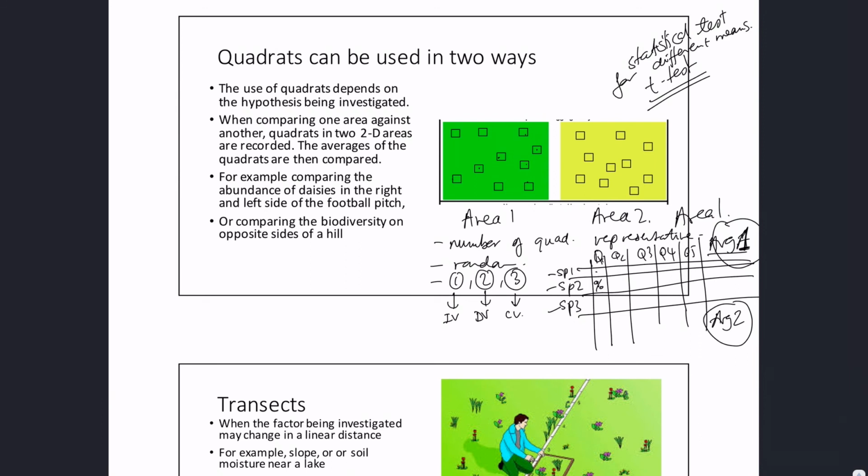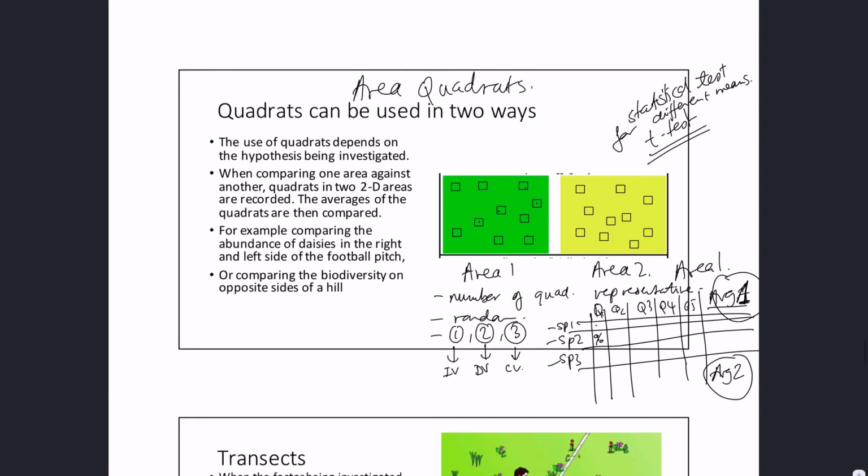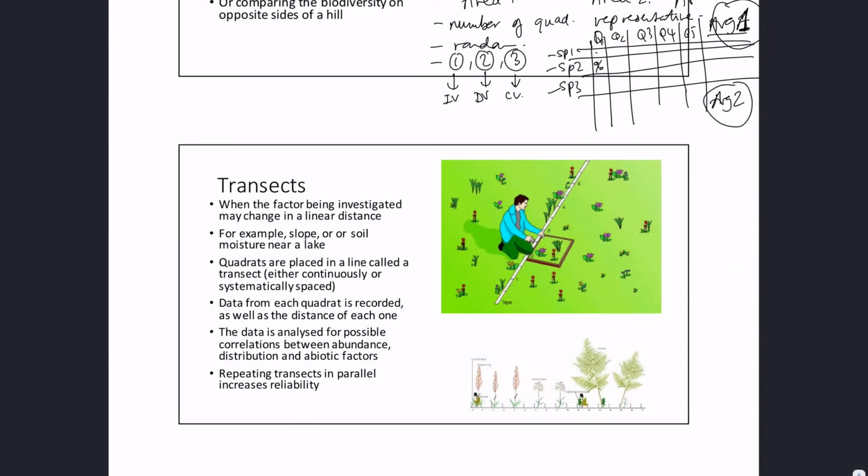If there is an influence of a particular abiotic factor, there's a significant difference between the abiotic factor and the species abundance across both areas. So that is what we call area quadrats: comparing one area versus another.